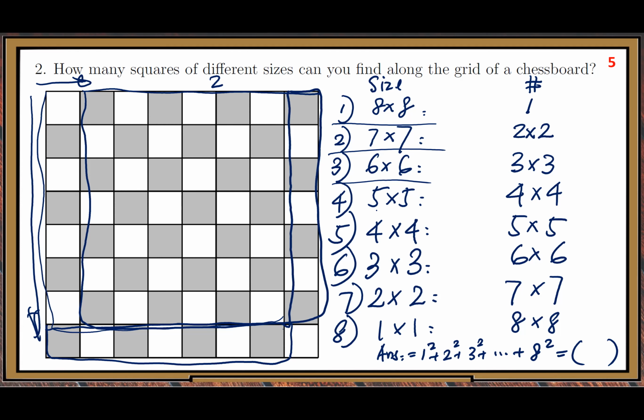The reason we can enjoy the benefit of that data organization step is because for each size, the counting is much easier. For each individual size, the counting is much easier, so we can do it quickly.